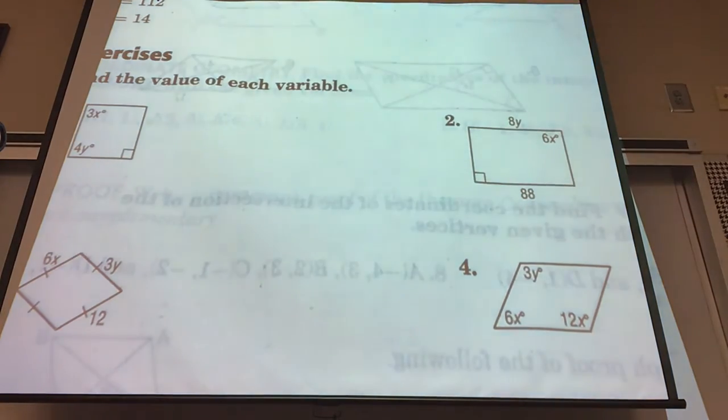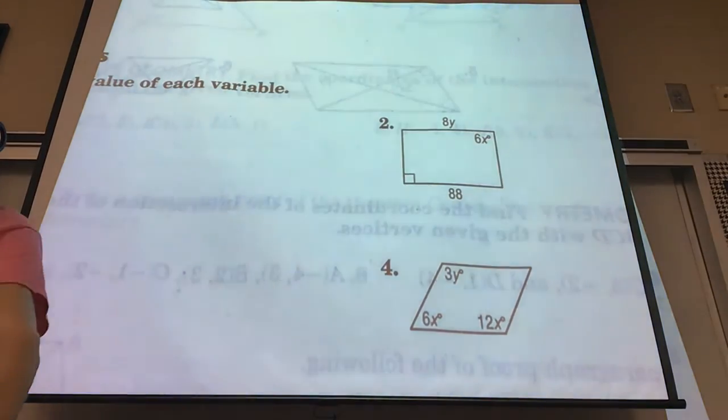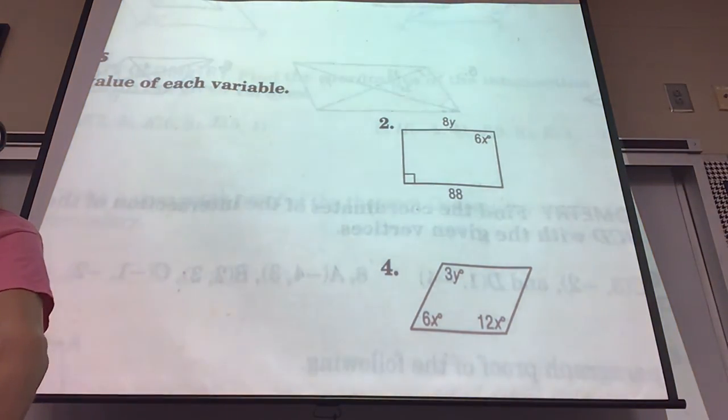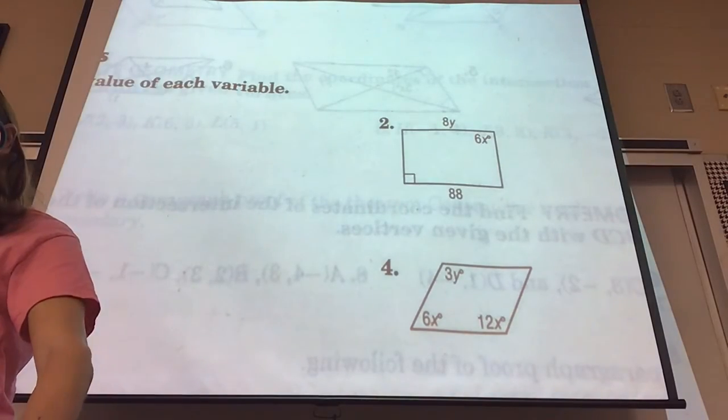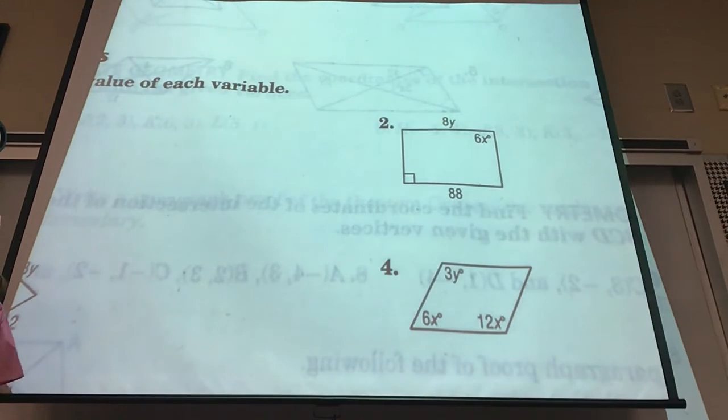Number 4 looks like a fun one. So look at number 4. What do we know about number 4? I don't know anything in this problem as far as a whole number. Number 4, all it tells me is I've got 3y, I've got 6x, and I've got 12x.